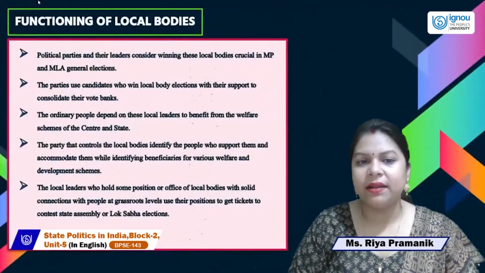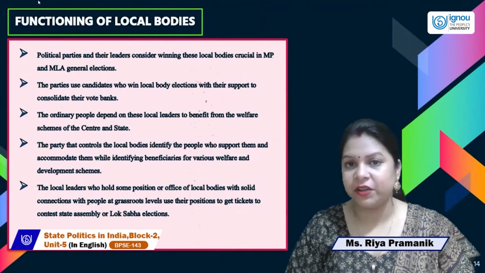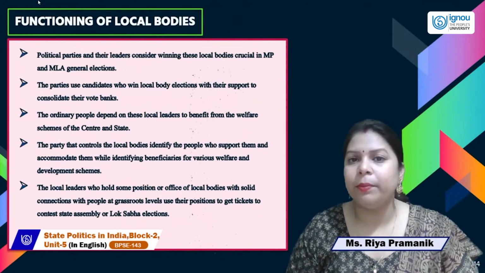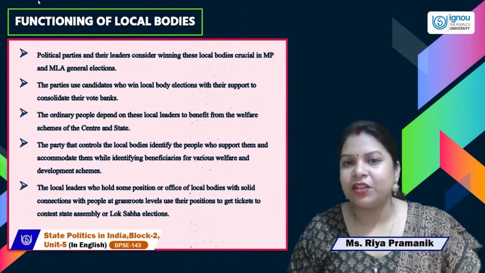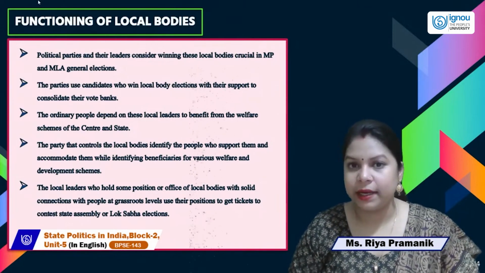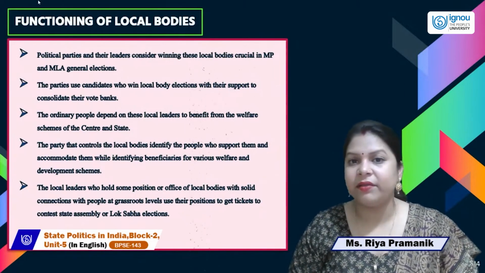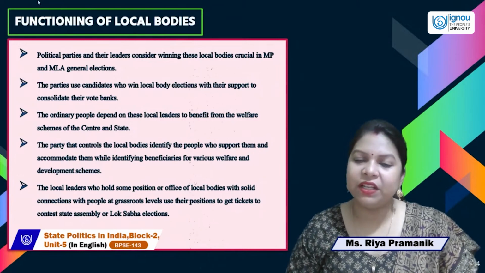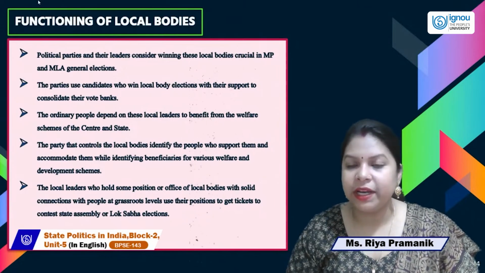Political parties and their leaders consider winning these local bodies crucial in MP and MLA general elections. So these local bodies are also an important aspect for winning the national general elections and also the state elections. The parties use candidates who win local body elections with their support to consolidate their vote bank.